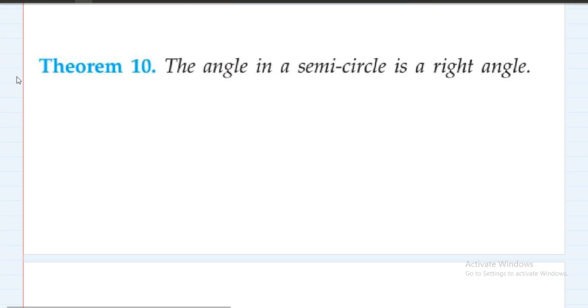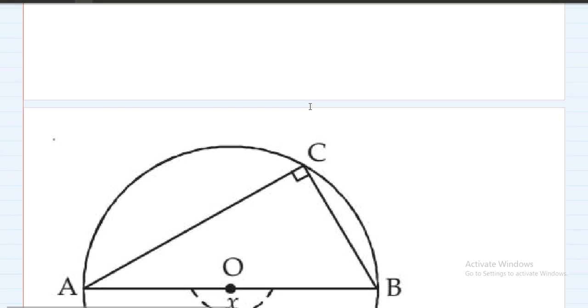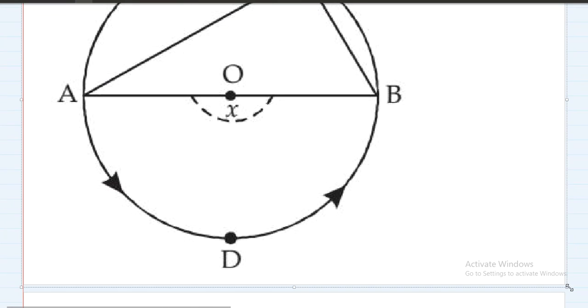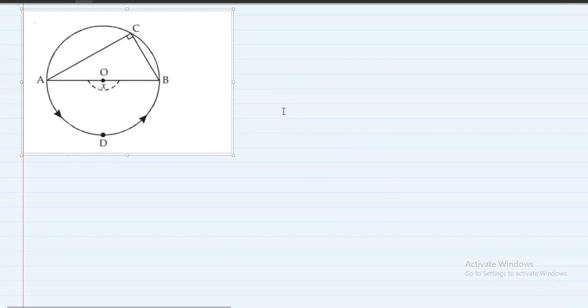Theorem number 10. The angle in a semicircle is a right angle. उसका ये figure है. हमें क्या प्रूव करना है? Angle in a semicircle is a right angle. और बहुत इजी है, ये बहुत इजी है. ठीक है, गिवन में क्या लिखेंगे हम लोग?